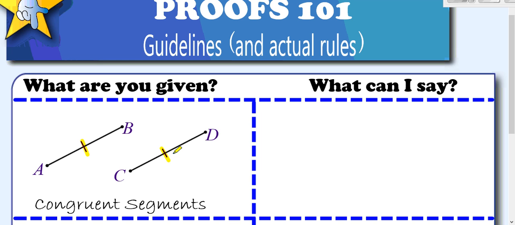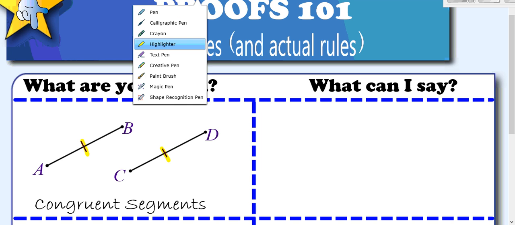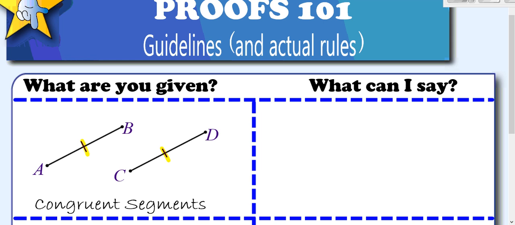Those tick marks show that those two segments are congruent. And then since they are congruent, we can write that segment AB is congruent to segment CD.